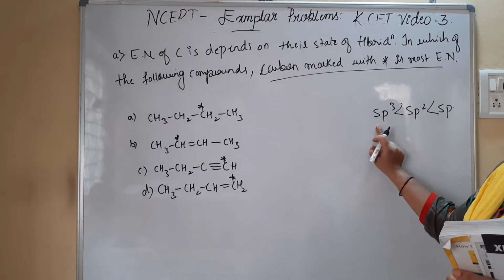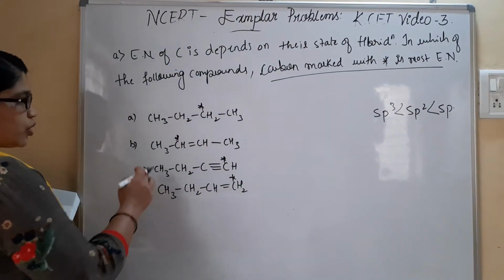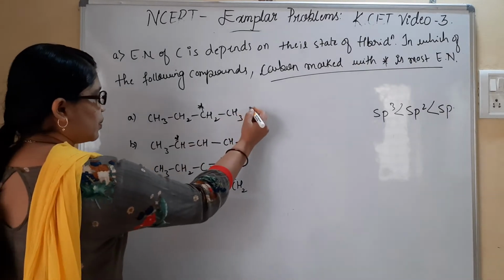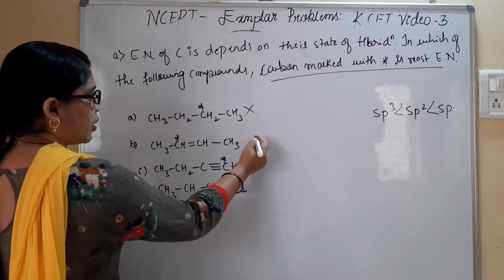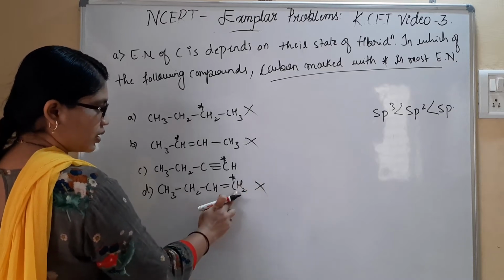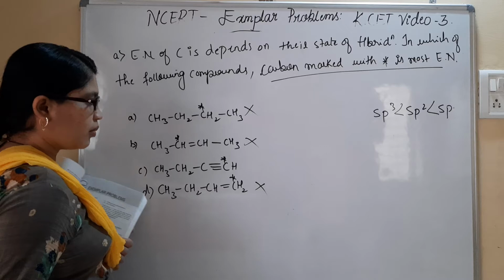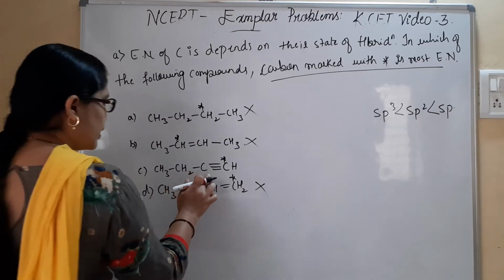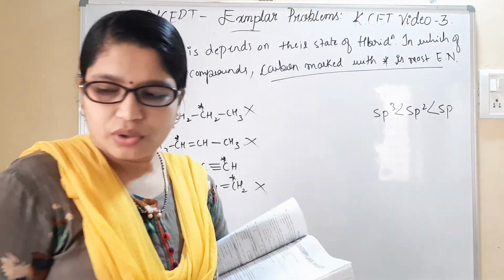You can see which one will be sp hybridized. All of these are sp3 hybridized, no sp carbon. Here it is sp2 hybridized. Here also it is sp2, and this is also sp2. This is sp3 hybridized. The only option left with an sp hybridized carbon is C. So this will be the correct option.